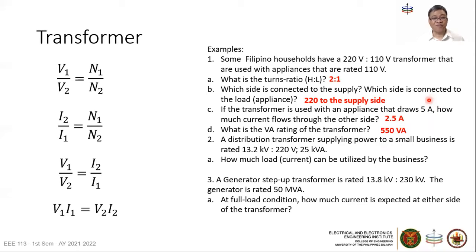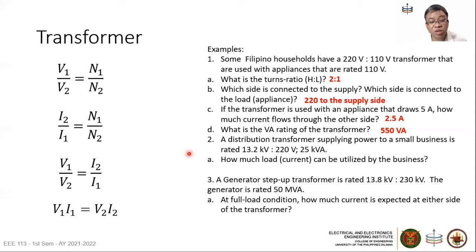That's 550 volt amperes. Let me say that again. Either high side, 220 times 2.5 amperes, that's 550, or low side, 110 times 5 amperes, that's 550 volt amperes as well. So you can do it either way.